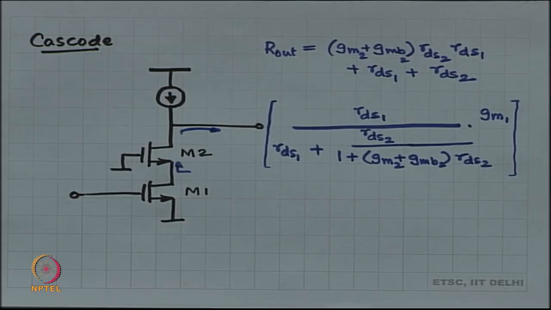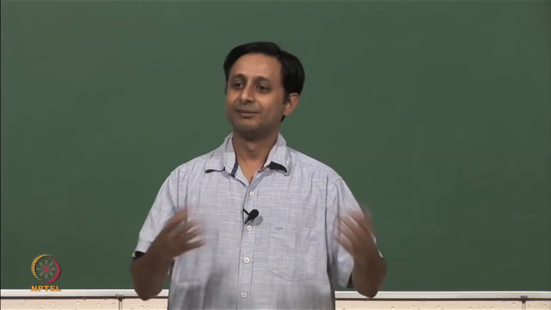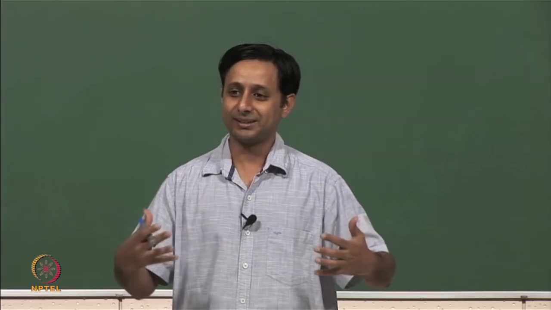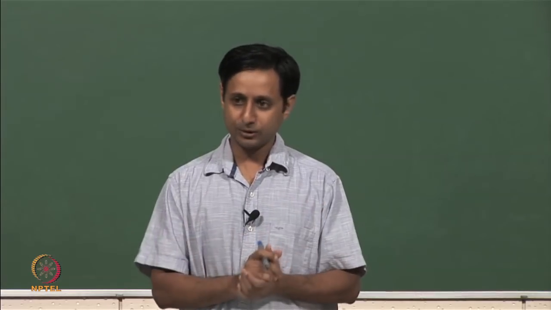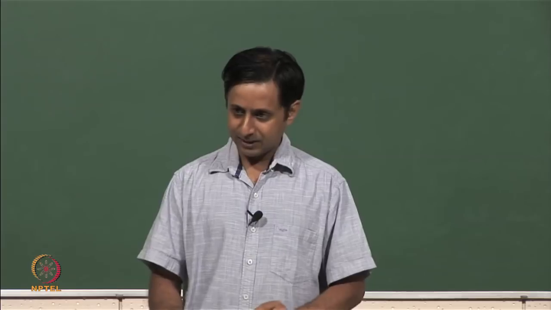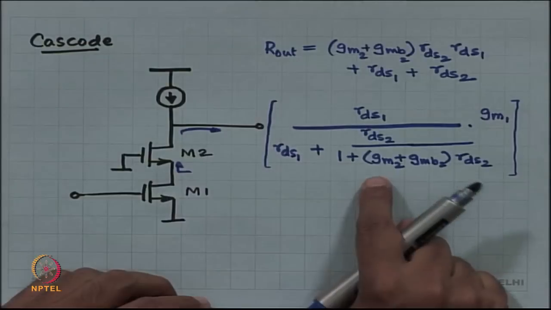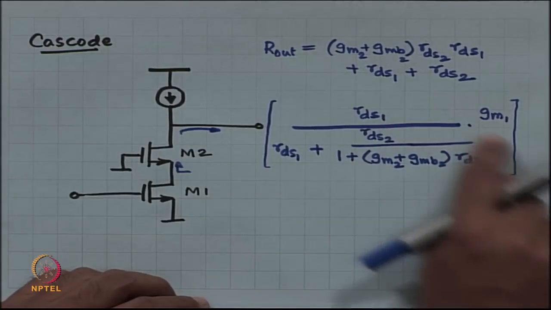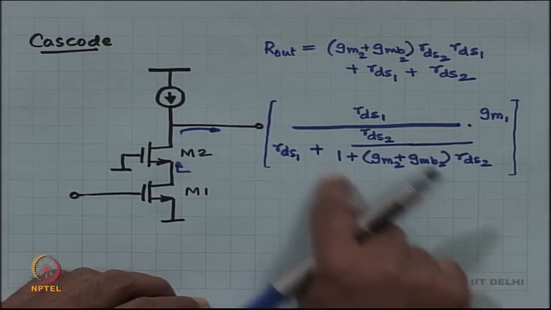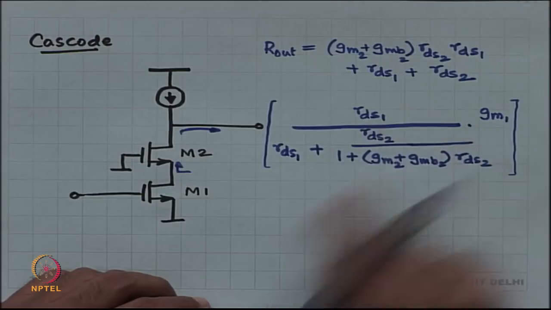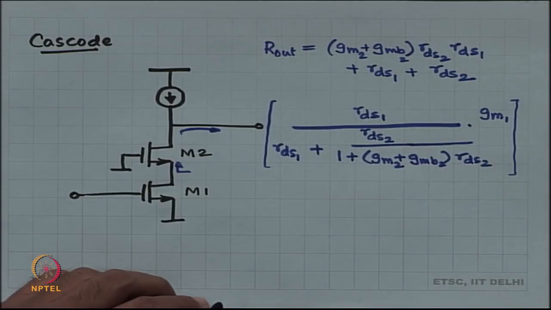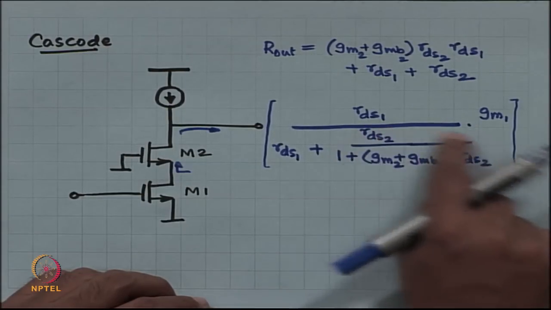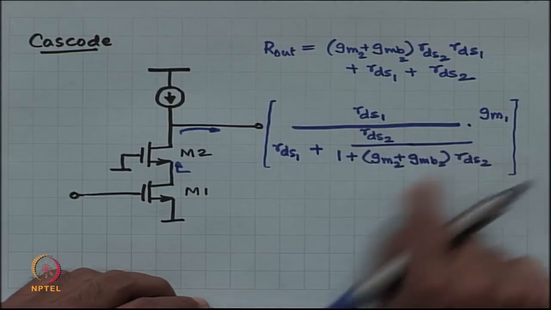The more KVLs and KCLs you write, the less understanding you will get, the less intuition you will develop. Now, what is the intuition here? The intuition is that this second quantity is small. Why?